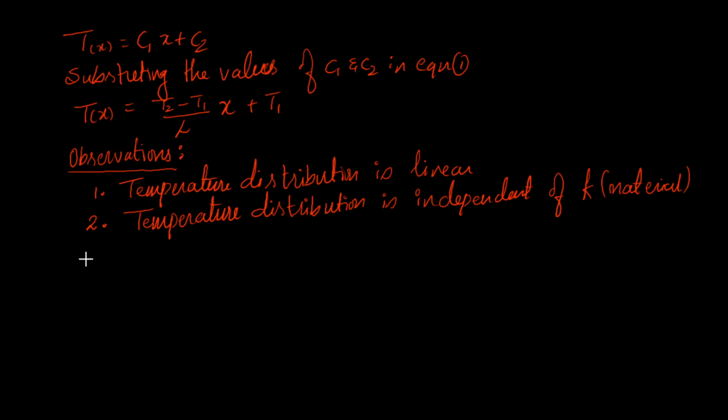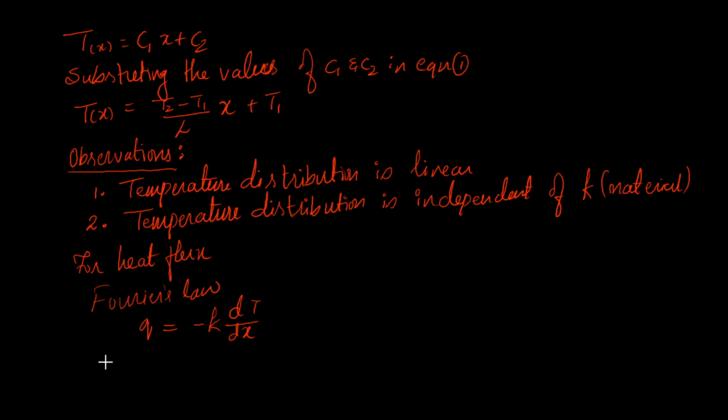Now let us find out the heat flux. For heat flux, we know Fourier's law. Fourier's law states that the heat flux is equal to minus K into dT by dx, where K is the thermal conductivity and dT by dx is the temperature gradient.